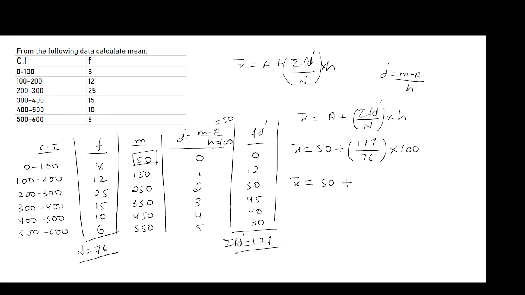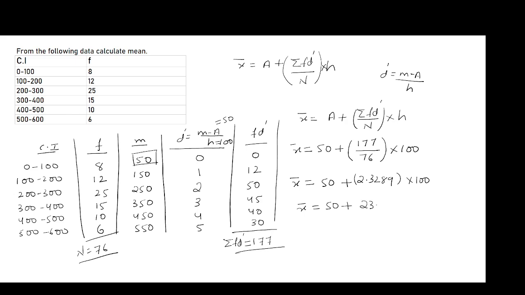Okay, so I've written 50 here. 177 divided by 76 is 2.3289, into 100. The bracket itself indicates multiplication, no need to write it once again, but I am writing it to make it clear. So 50 as it is. Now multiply 2.3289 into 100.